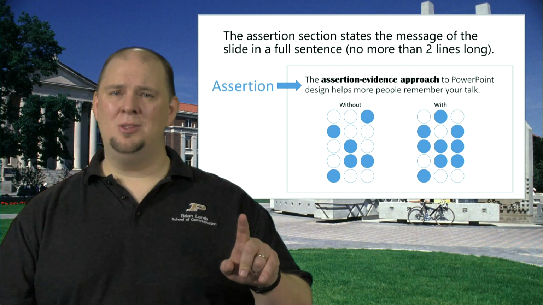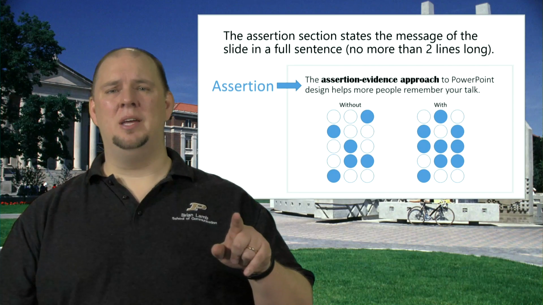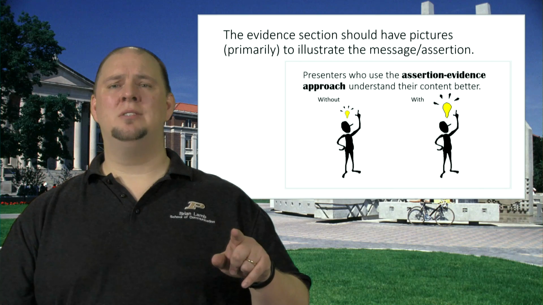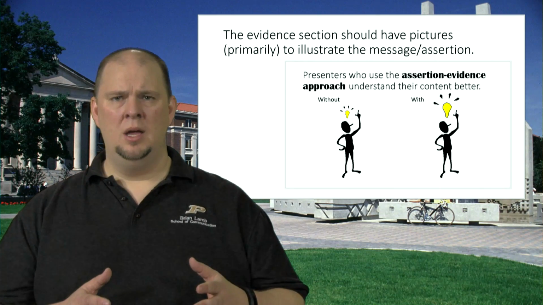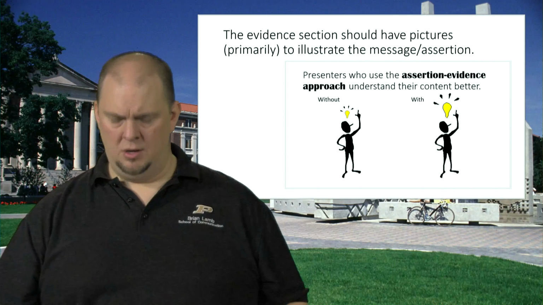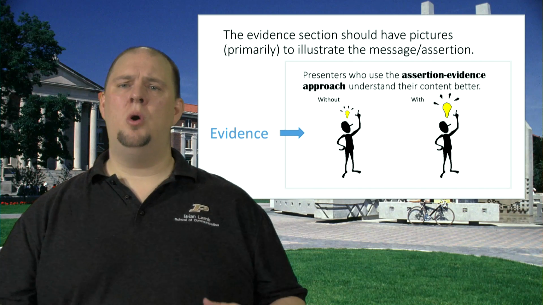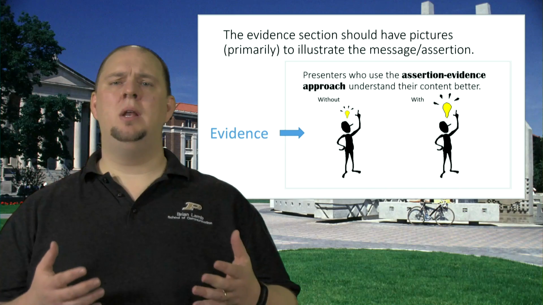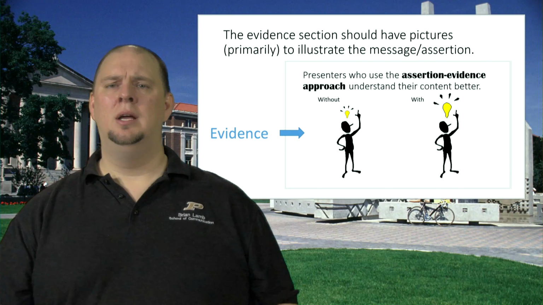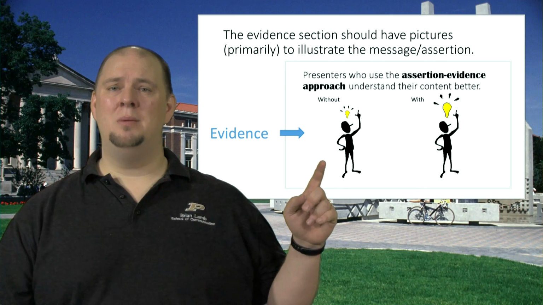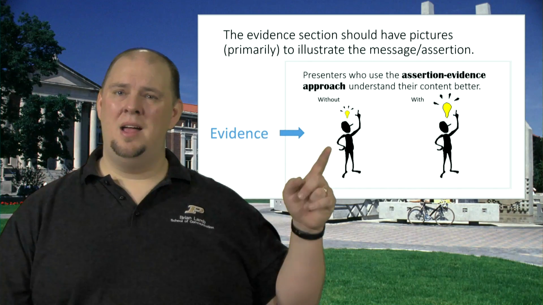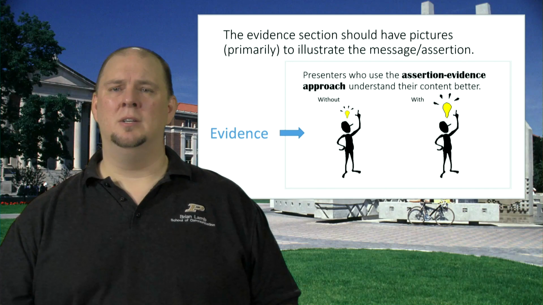No more than 2 lines long though. And then following that, you'll use the evidence underneath, not bullet points, not lots of words, not lots of text, but rather pictorial images to show and illustrate what the point of the message in the assertion is. As you can see from the slides that I've already used, I'm using the assertion evidence approach right here.